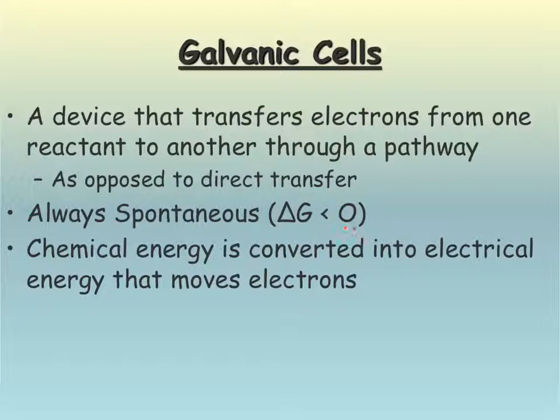Galvanic cells are always going to be spontaneous or thermodynamically favored reactions, which means that our Gibbs free energy, or delta G, is always going to be less than 0. And we are taking that chemical energy in a galvanic cell and we're converting it into electrical energy that is moving the electrons through the wire.